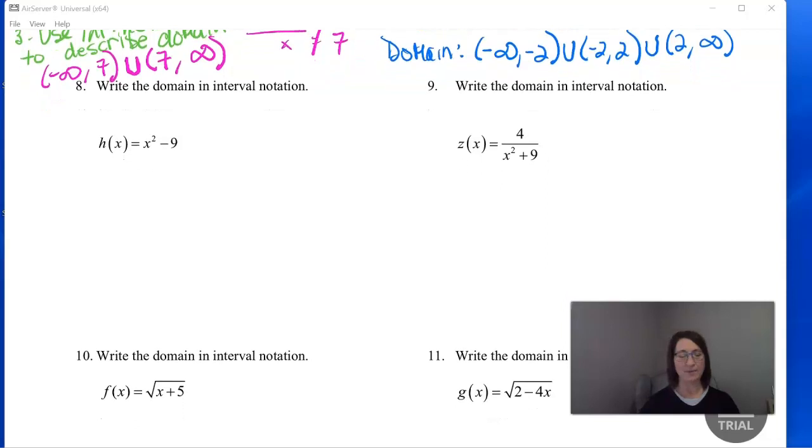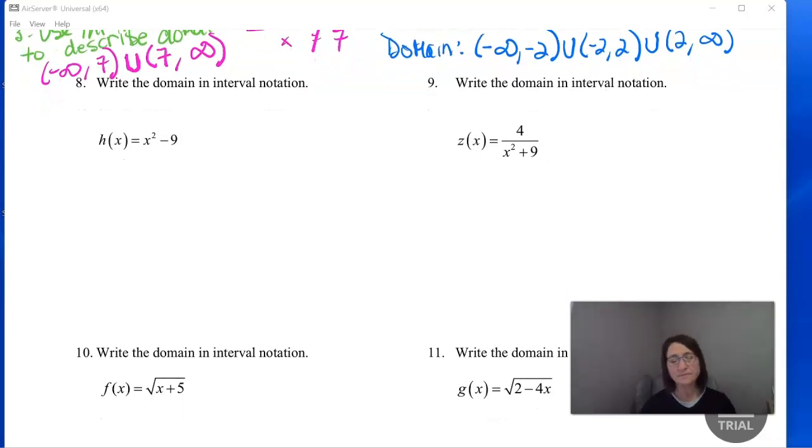Let's look at number 8. Number 8 is an interesting example. With this one, let's go back to how we define our domain and our exclusions.